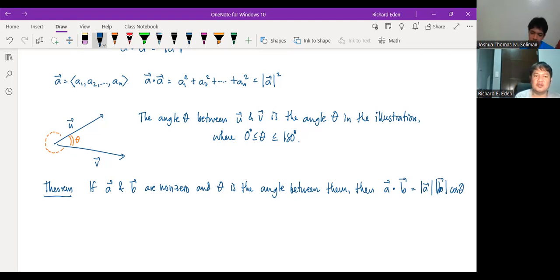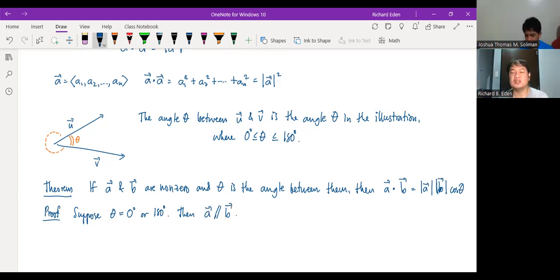Okay, first, suppose theta is equal to 0 degrees or 180 degrees. Then that means A and B are parallel.